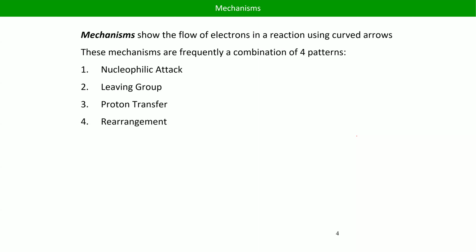All right, so this next topic, substitutions and eliminations, is also really good because all four of these steps play a role at various points. We're going to start with the simplest ones, which are nucleophilic substitutions.